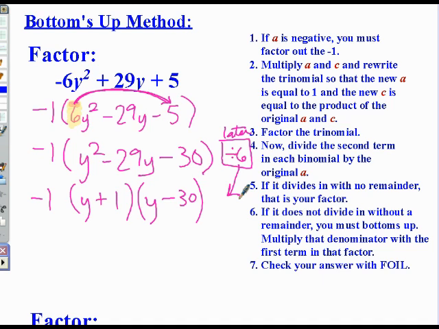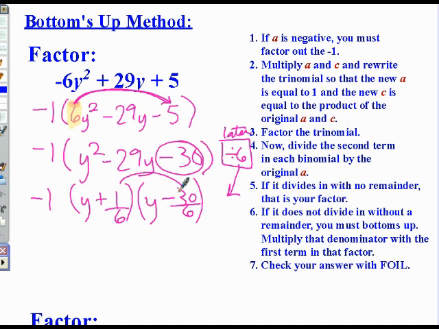How do we get our c term? It's our last times our last. Positive 1 times negative 30 is negative 30. So if we temporarily stuck it into the c term, then we can take it out by dividing those two last terms, because they create the c term, by 6. So now we're dividing the 6 back out.